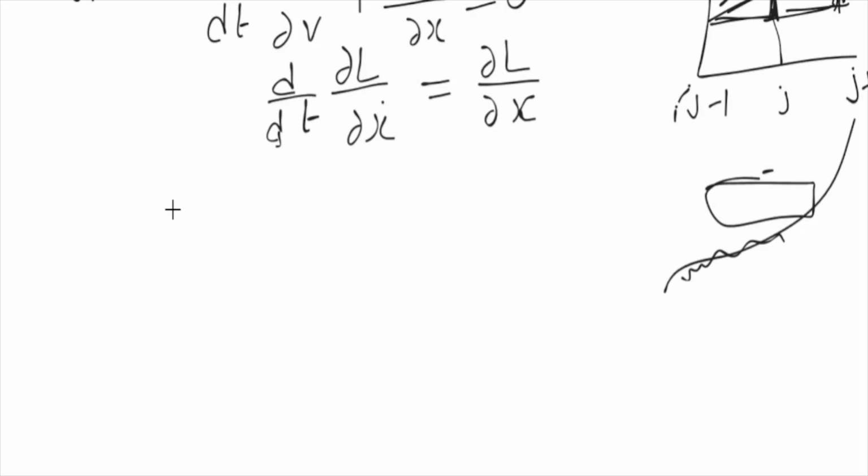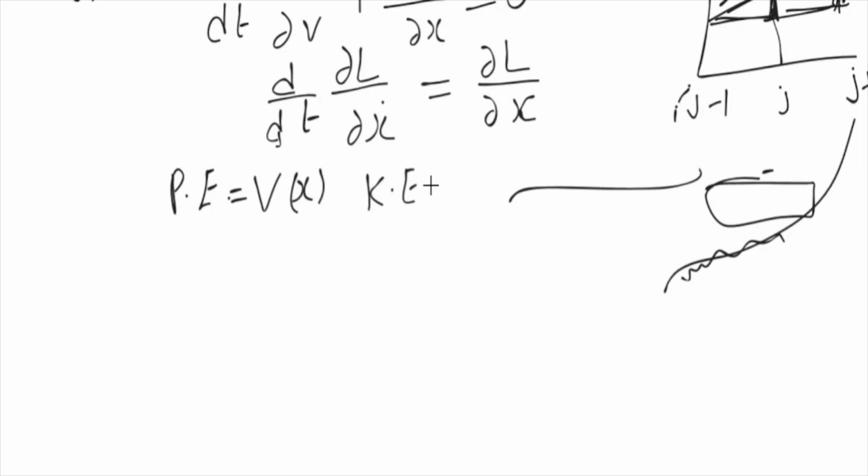First we will write what L is for a particle moving in a potential energy. A particle is moving in a potential energy, and what is the potential energy? The potential energy is equal to V, which is a function of x. Another thing we need is the kinetic energy, and the kinetic energy is equal to half mv square, or you can write it as half m x dot square.